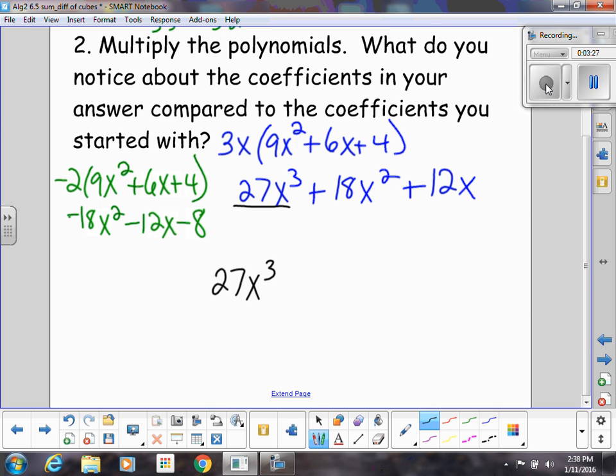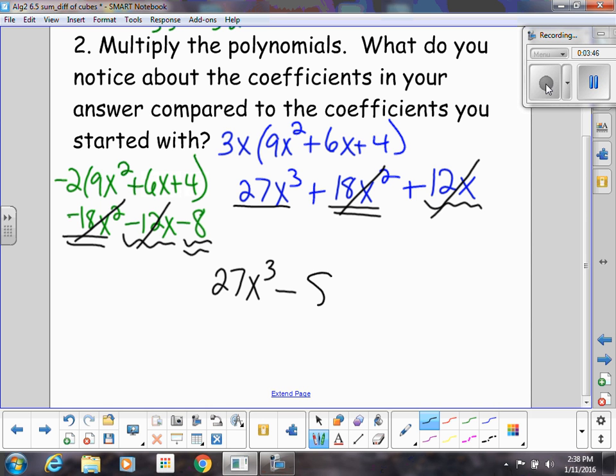And then let's see, what about my x squares? I've got 18x squared minus 18x squared, so those cancel. Well, that's cool. And then I've got 12x and a minus 12x, those cancel as well. That's even better. And then do I have any other constants? No, I don't.